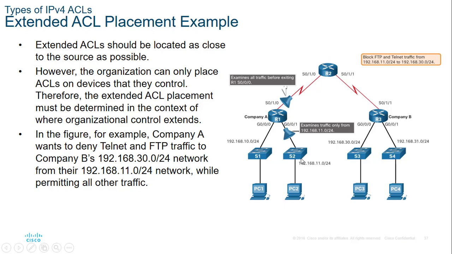So basically, the easiest way to do it is on this router, examining traffic from the 11 network coming into my router. I can just say, all right, everything coming in on this interface, if it's FTP or Telnet going to the 30 network, kill it. Discard the packets. It's the easiest way to set that one up.